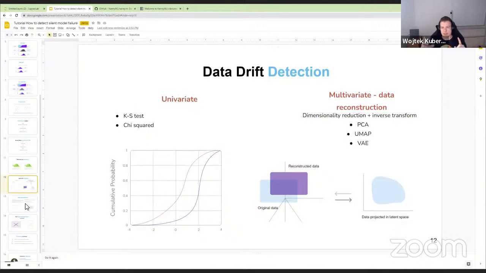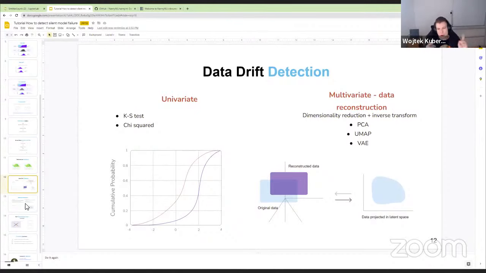We're going to train this reductor on our reference data set, which might be, for example, the test set that we use to evaluate the quality of our model. Then this algorithm is going to learn the internal structure of the data. Imagine using a VAE: it will learn all kinds of patterns there. It's going to learn to compress the data with minimum loss. And then we're going to see how the reconstructed data differs from the original data.